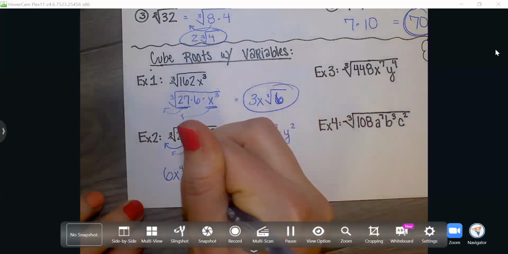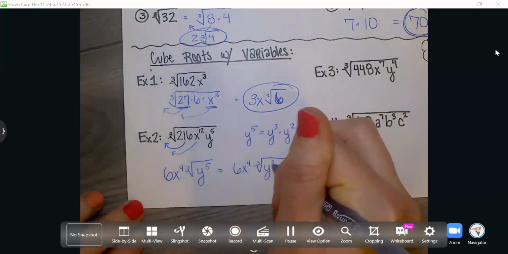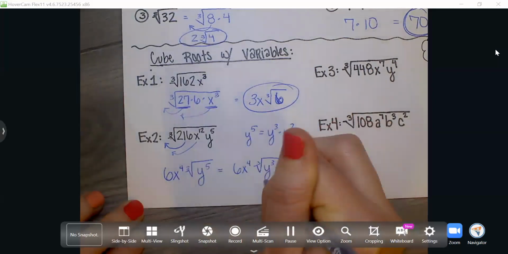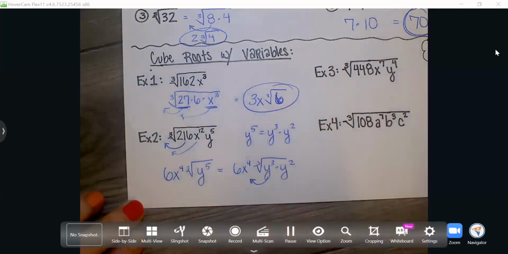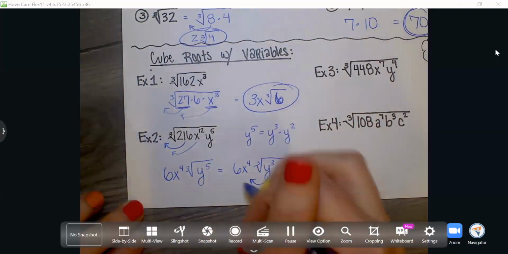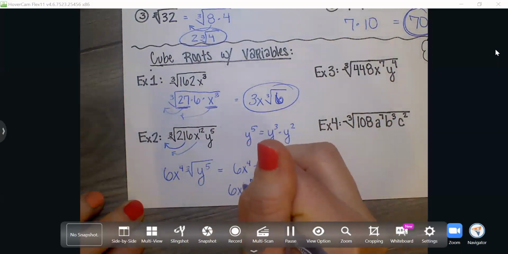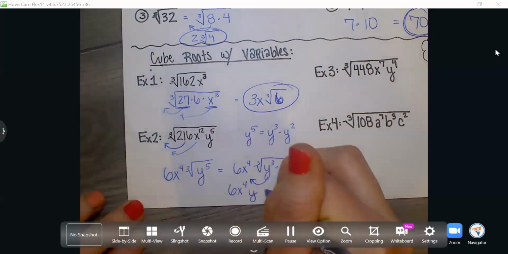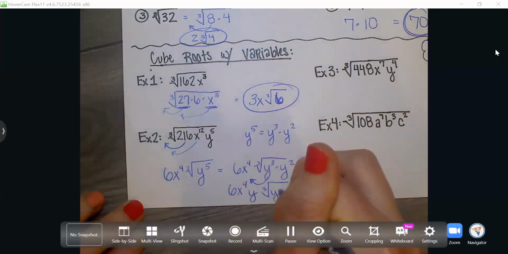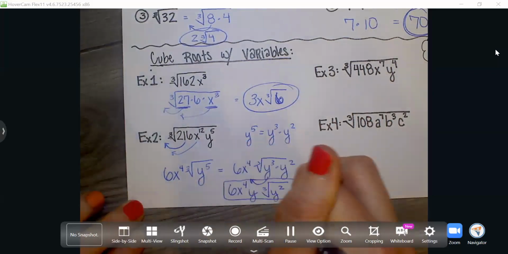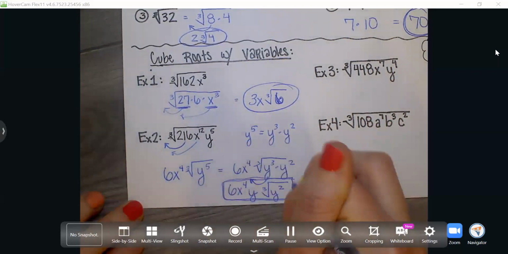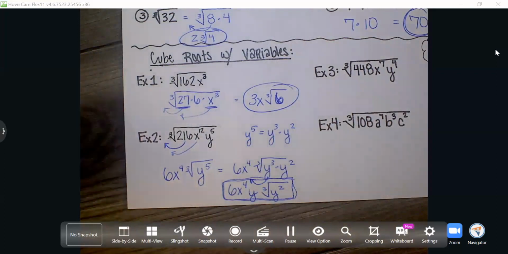I have my cube root of y to the 3rd times y to the 2nd, and I can take out that y to the 3rd. So my final answer is going to be 6x to the 4th y cube root y to the 2nd. Very funky. A very long answer.